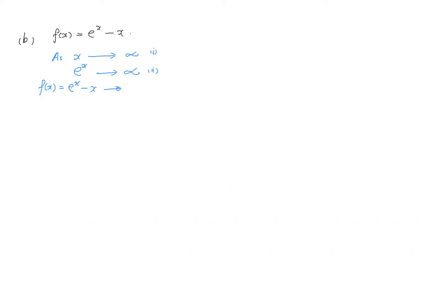Smaller infinity. This is infinity. You imagine it like that. This is e to the power of infinity. Take away infinity. This is very, very big. Take away big, the result is still very, very big.